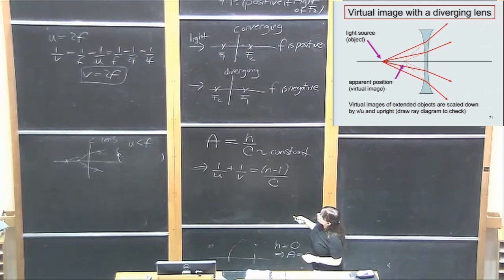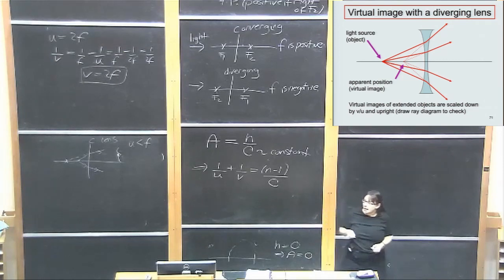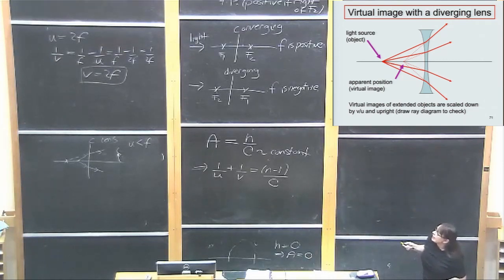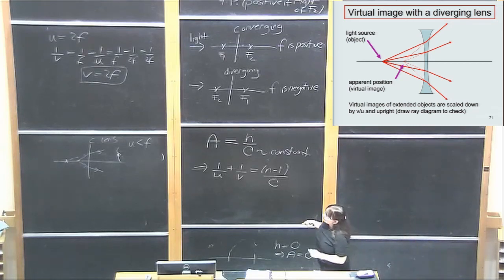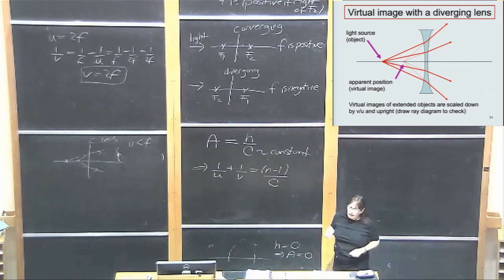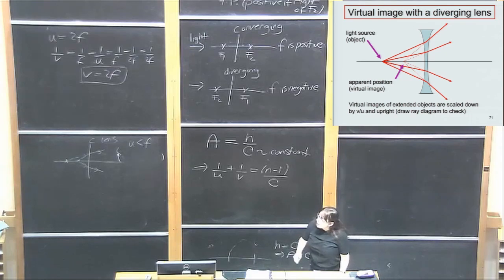But again, you can trace these rays back and see this virtual image on the same side of the lens as the object. If it was an extended object, again, the virtual images are upright, but now they're always scaled down, still by this v over u. I'm going to leave it as an exercise for you to draw the ray diagram for the extended object. I've not included that in these notes, just for you to get practice drawing ray diagrams.